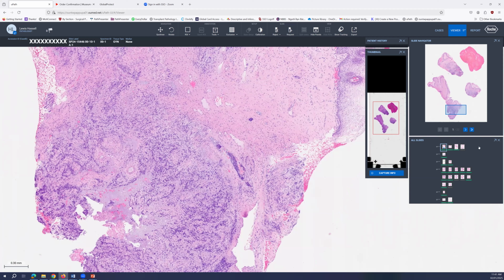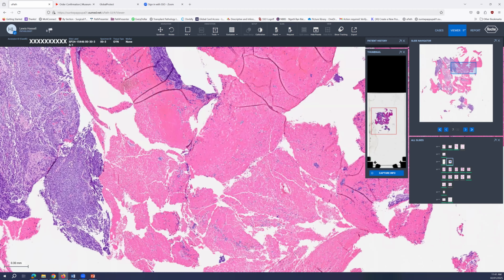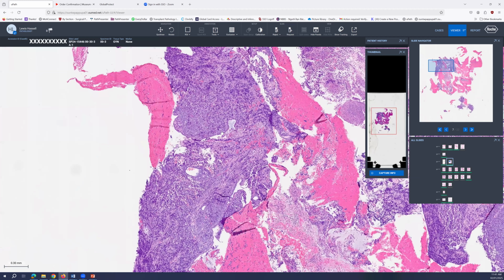And we'll go on to the third sample, which was an endocervical curettage sample. This sample also was quite cellular and showed a few areas of glandular type tissue.